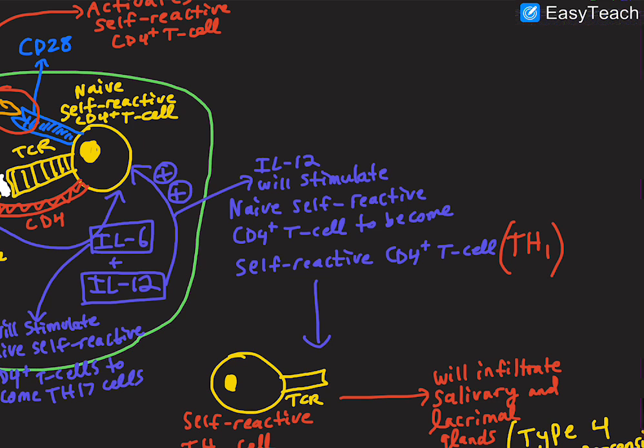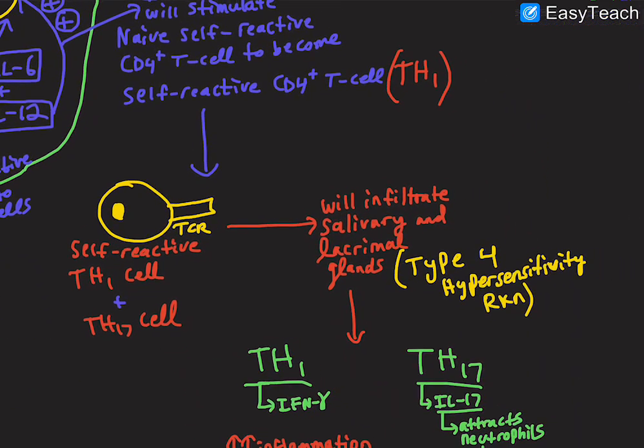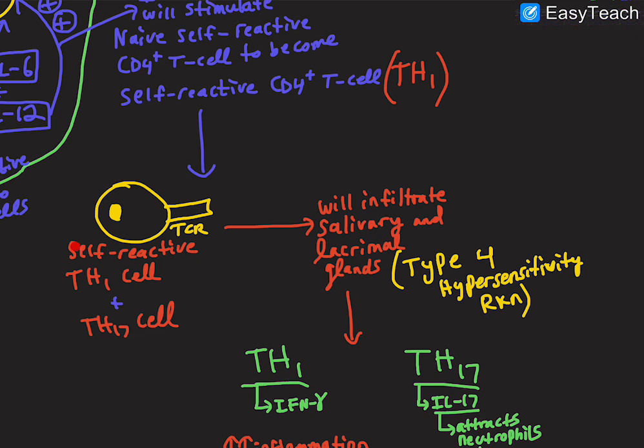But these cells are self-reactive. So we have self-reactive Th1 cells and self-reactive Th17 cells. Okay, so why is that bad? Now, that means that all of their T cell receptors can go and infiltrate your salivary glands and your lacrimal glands, right?